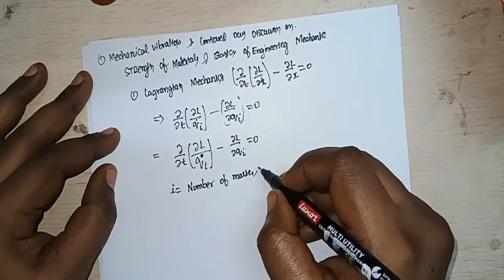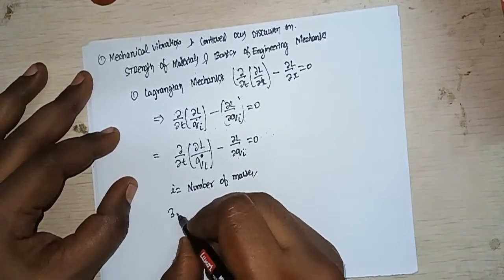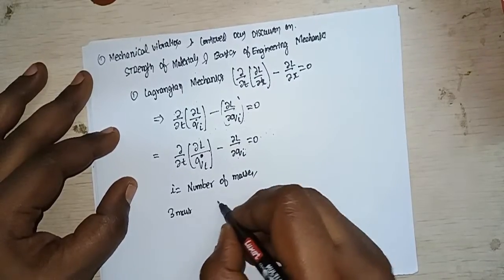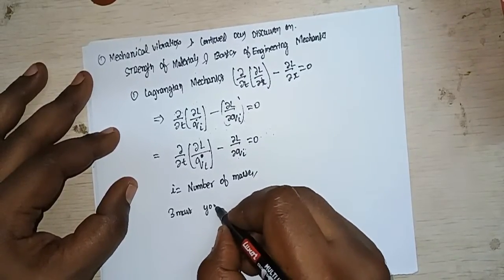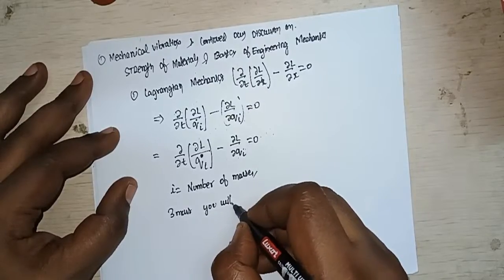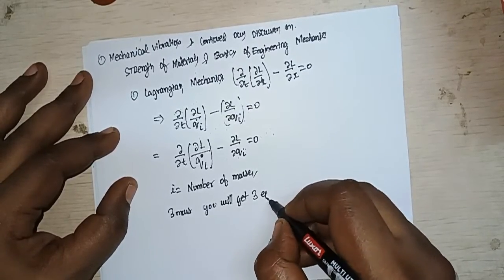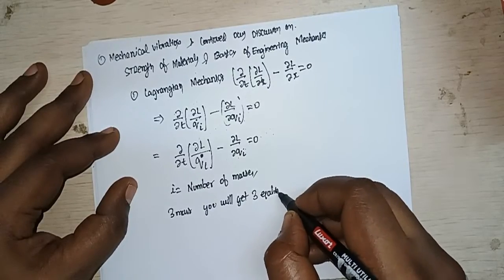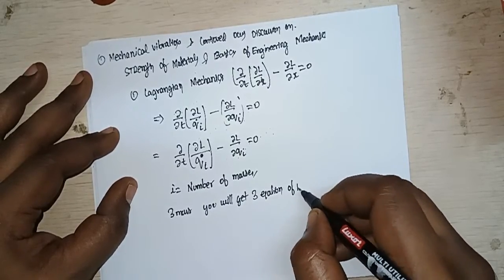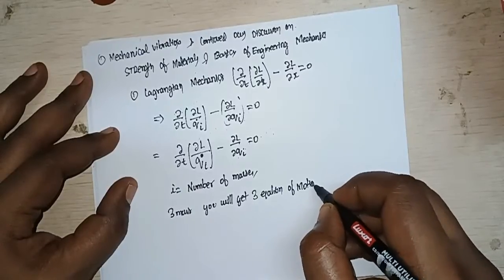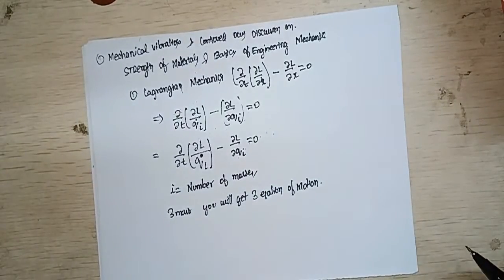See, if you have three masses, you will get three equations of motion. It is as simple as that. If we have three masses, we'll get three equations of motion.